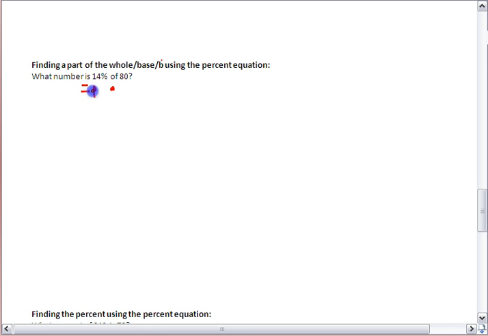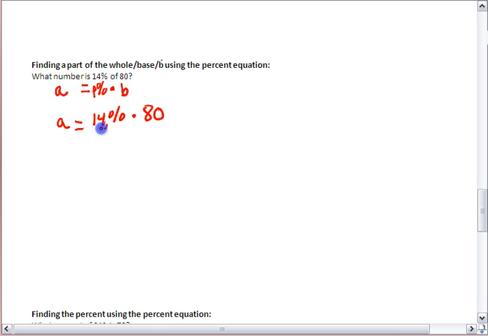We have our percent here. This is of, so that must be our whole. And it's asking what number is, and so that's A. So what don't I know? Well, I don't know A. So I can translate this into A equals 14% of 80.